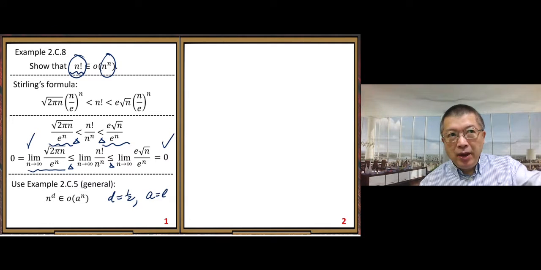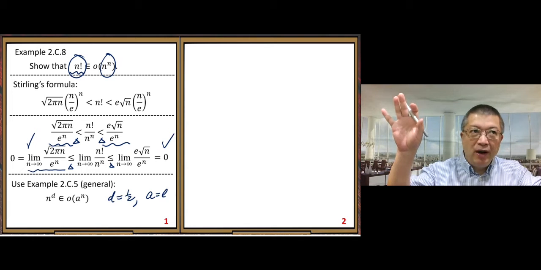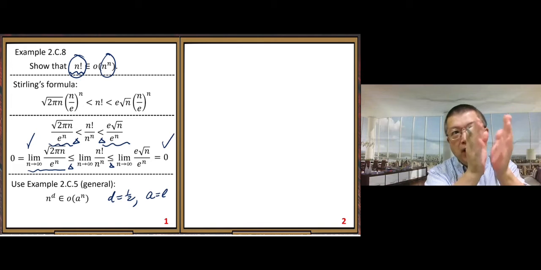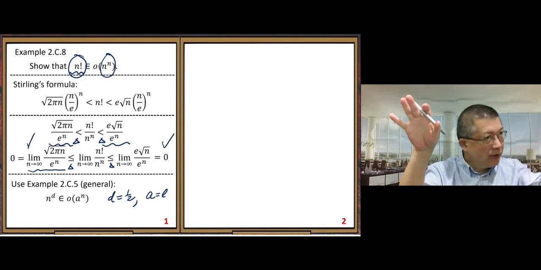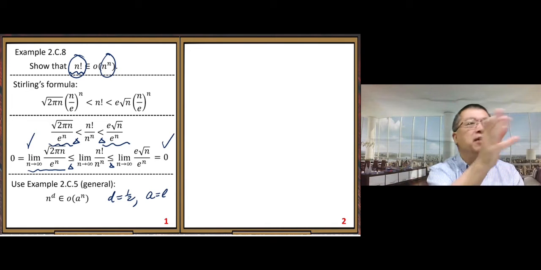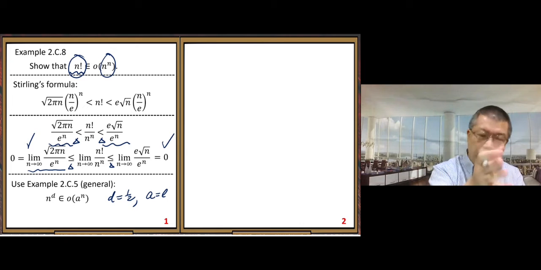Lower bound, the limit equals 0. Upper bound, the limit equals 0. What is the limit in between upper 0 and lower 0? Nothing else. Only 0 you can take, right? You have no room, no other thing you can choose. Only 0.